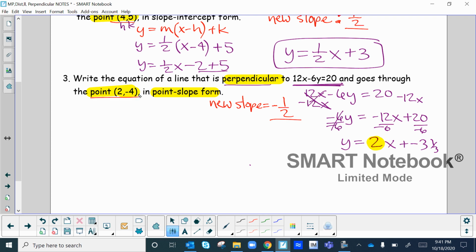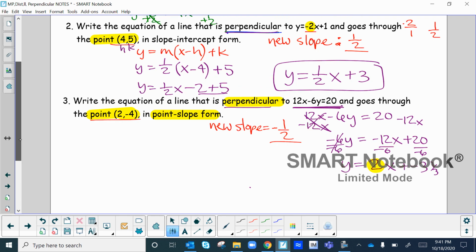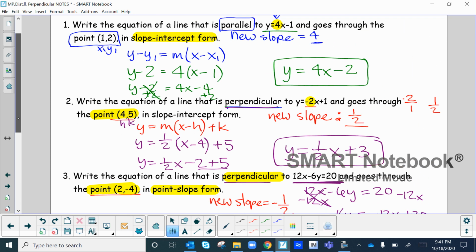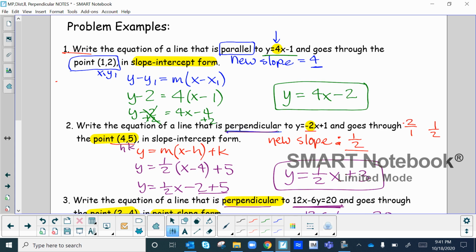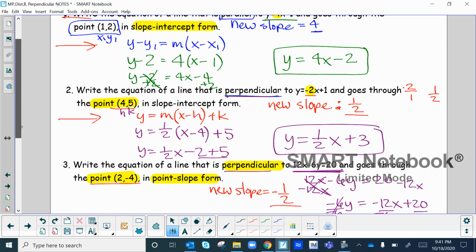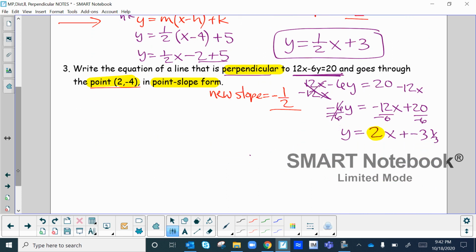So now I'm going to use my point slope formula. Remember, I did 2 different point slope formulas. I get to use either this one up here or the h comma k one, okay? So I'm going to use the first one. So that means this is my x1, y1, and I'm going to plug it into that formula.